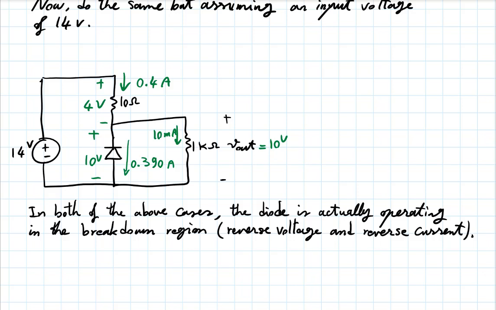If the input was 8 volts, then would the output be 10 volts? It wouldn't. So if the input was below a certain value, the output would not be able to be kept at 10 volts.